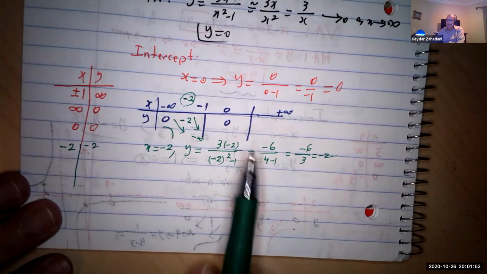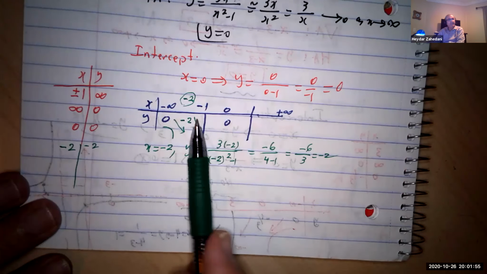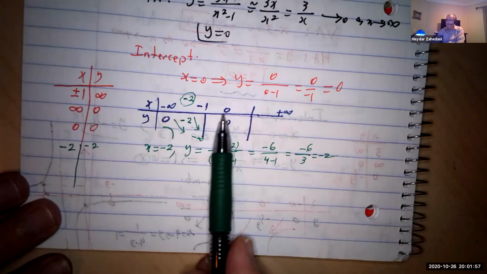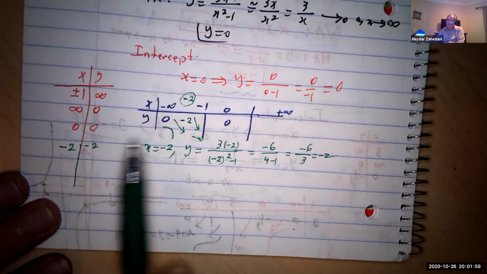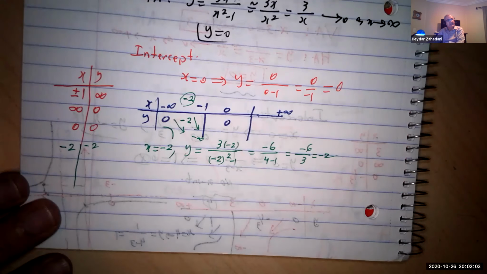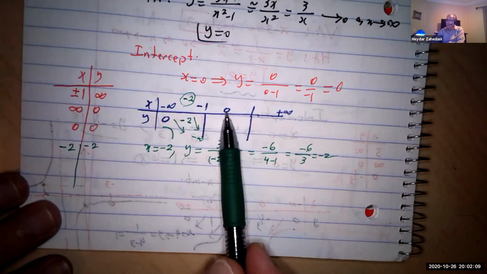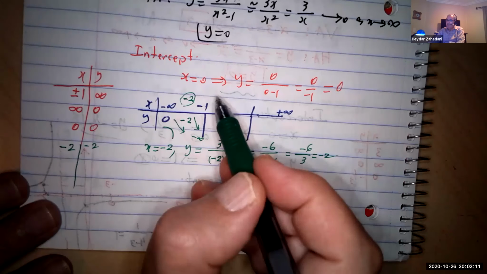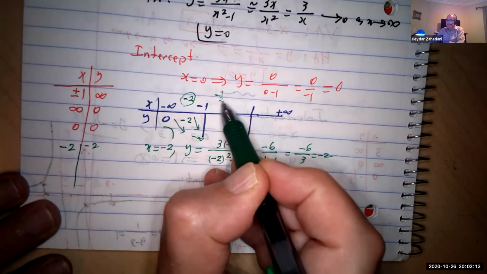Now, the difficulty is here. You have negative 1, 0, and 0, 1. So you have to check one number between negative 1 and 0 and one number between 0 and 1 to see what is going to be the shape of your graph. So between negative 1 and 0, we may pick negative 1 half.